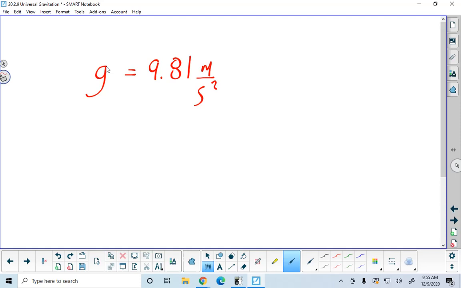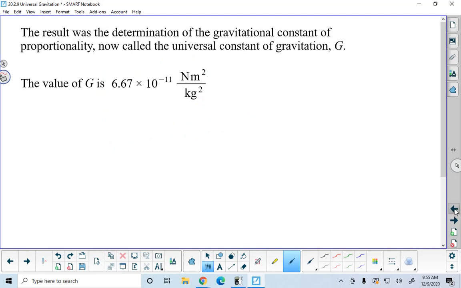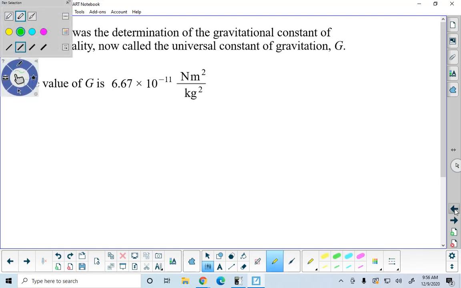It depends on what planet you're on. It depends on a lot of factors. This is what we would call a local constant because it depends on the location. This is called a universal constant. Look at this word. This is a universal constant.